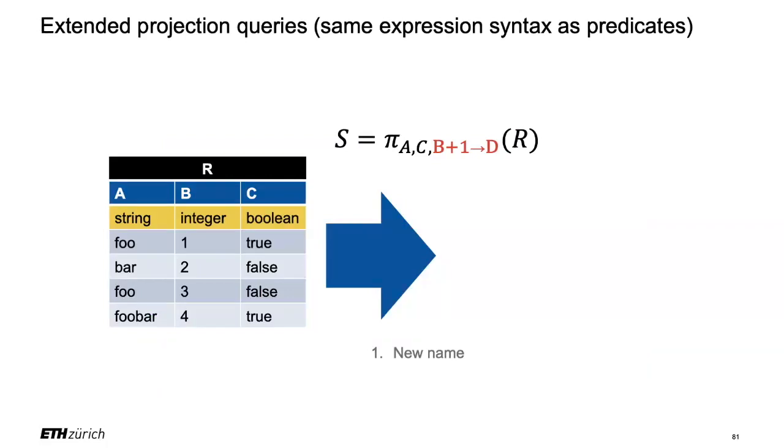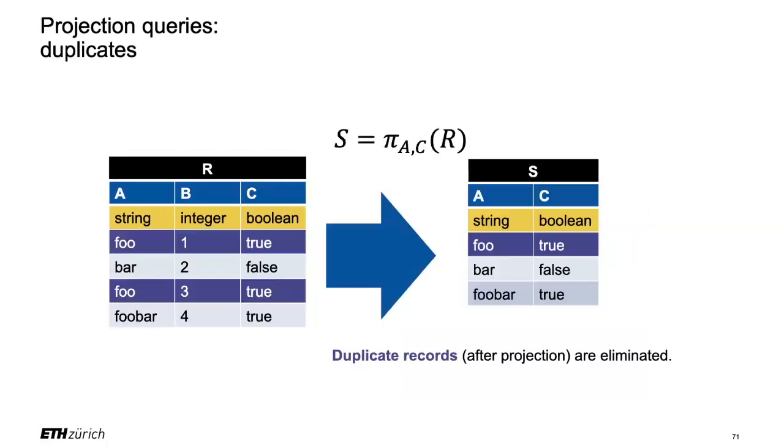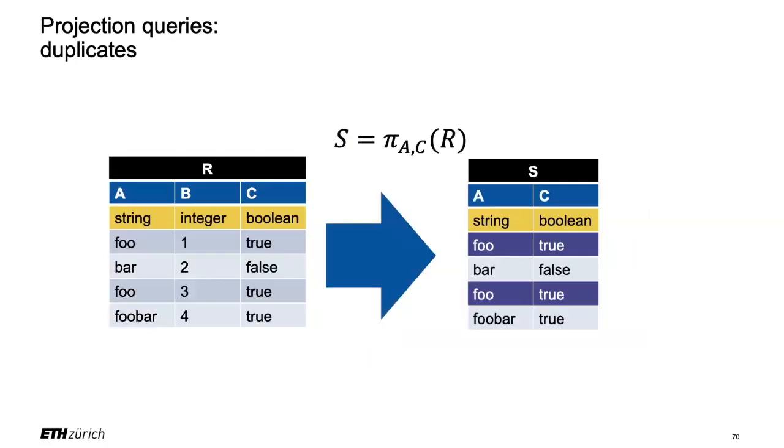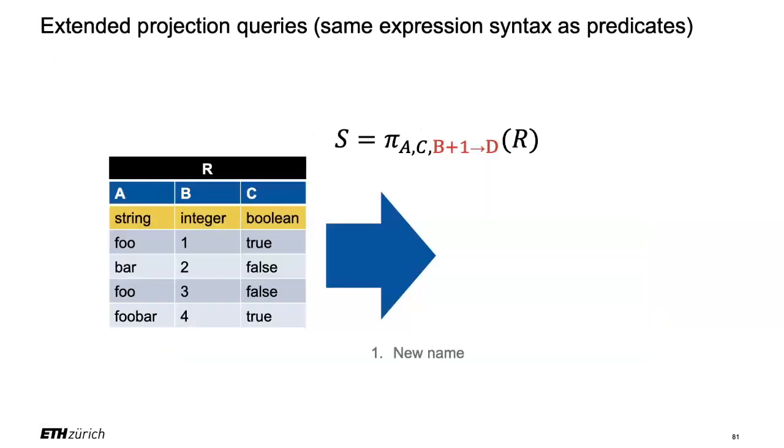Okay? Still have a bit of time. I would like to say one more thing regarding pi, projection. If you just use pi in the way I showed you here, it's just a list of columns, right? You just specify the columns. But in fact, pi can do a bit more than that. It can also do a bit of computation. You can also create new columns, computed from the other columns.